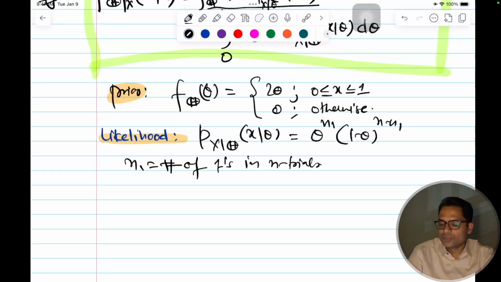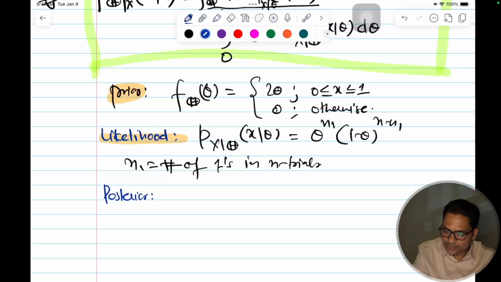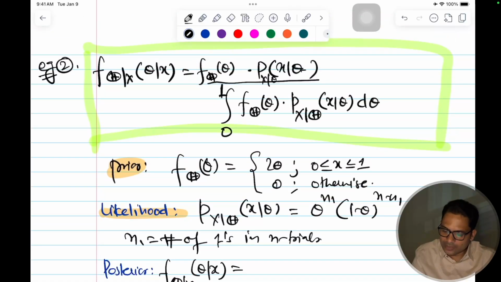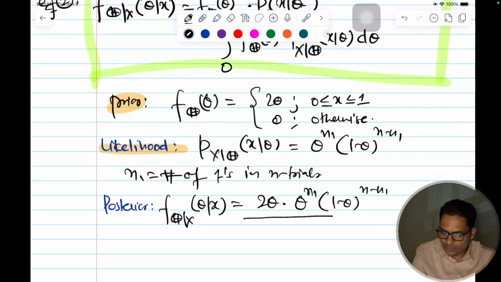Okay, so what will be my posterior with this formula? What is the posterior? F of theta given x is equal to f of theta, this is 2 theta this time, into probability of x given theta, which remains the same, theta to the power n1, 1 minus theta to the power n minus n1, and this will be divided by the integral.